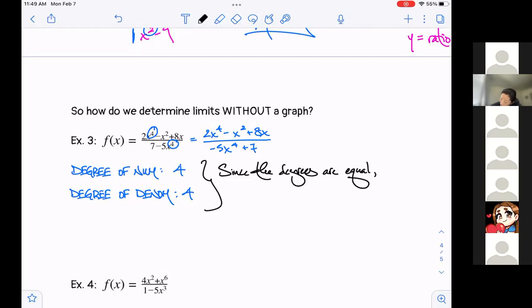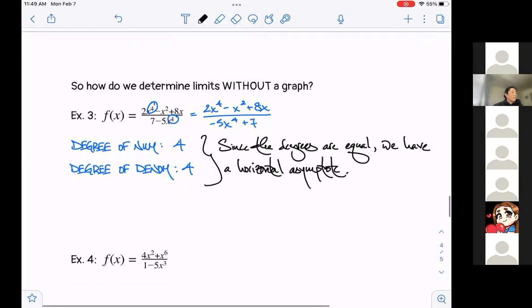Yeah. We have a horizontal asymptote. Okay, and now if we want to find it, we just take the ratios. So y equals, all right, what number should I put on the top?